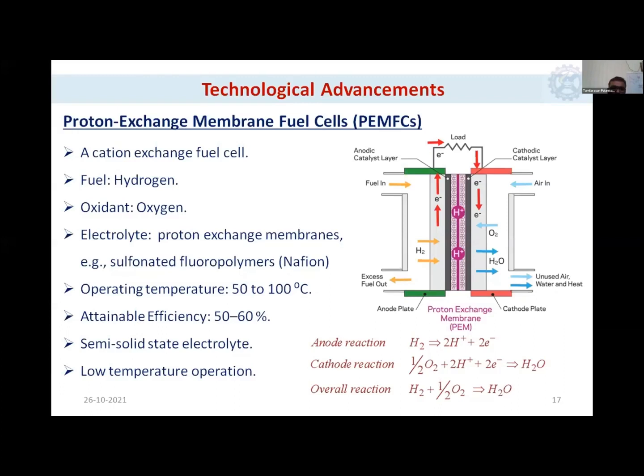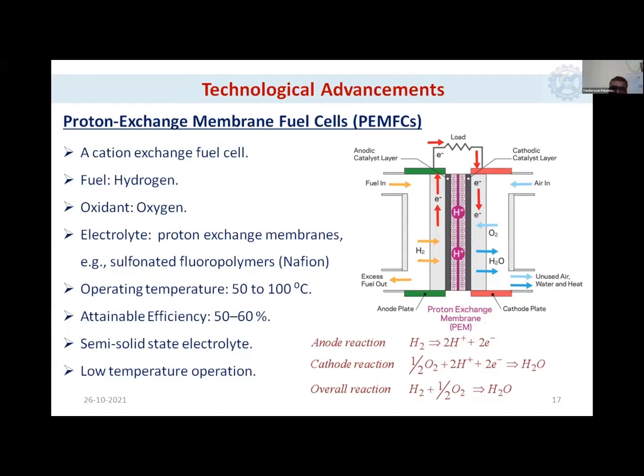Now, the cation exchange membrane generally used is the Nafion. It is the commercially available sulfonated fluoropolymer developed by DuPont. And so far, there is a lot of research happening to develop an alternative for this Nafion.